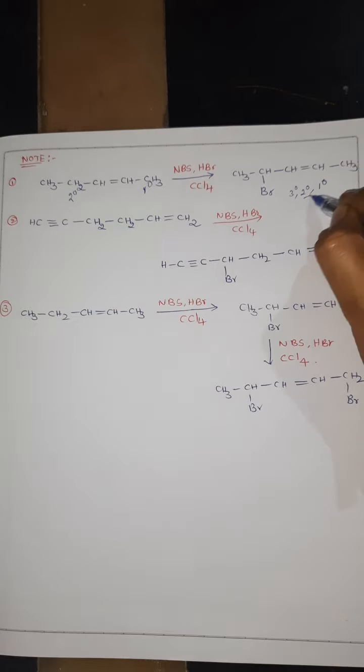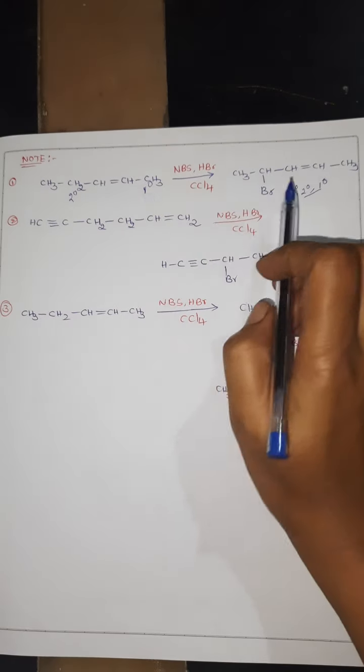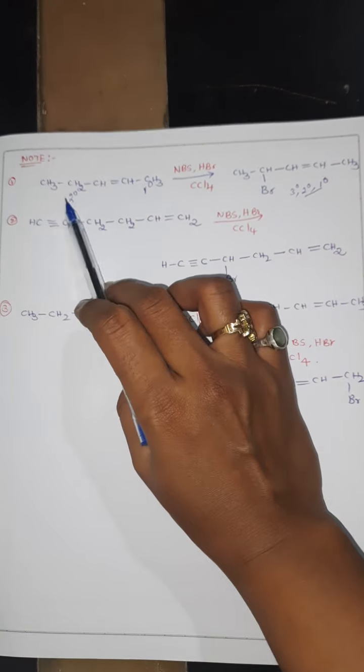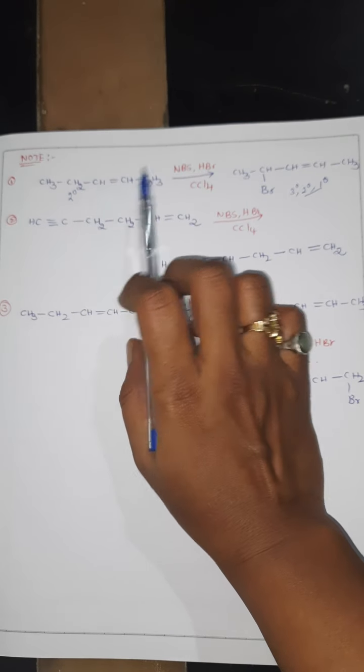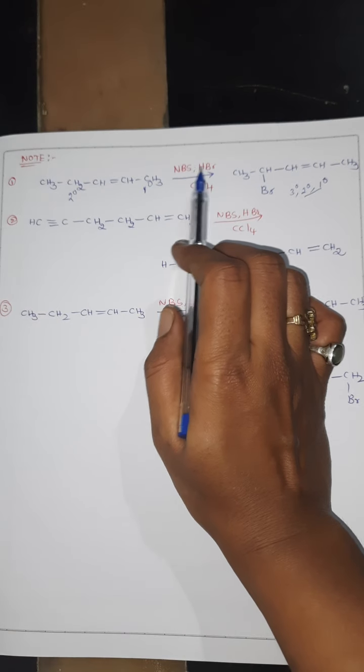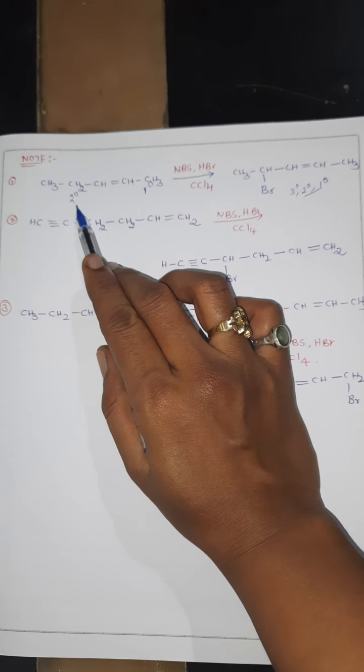This is the priority order. So in this example, there are primary and secondary allyl positions, so here the bromine atom is substituted at the secondary carbon.